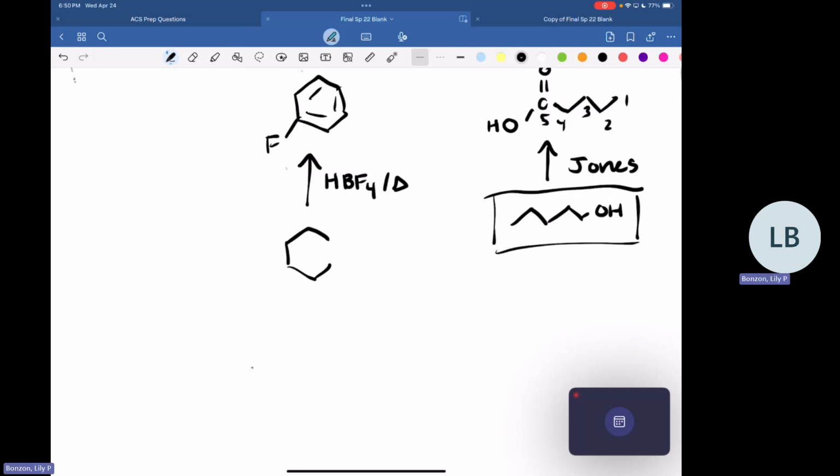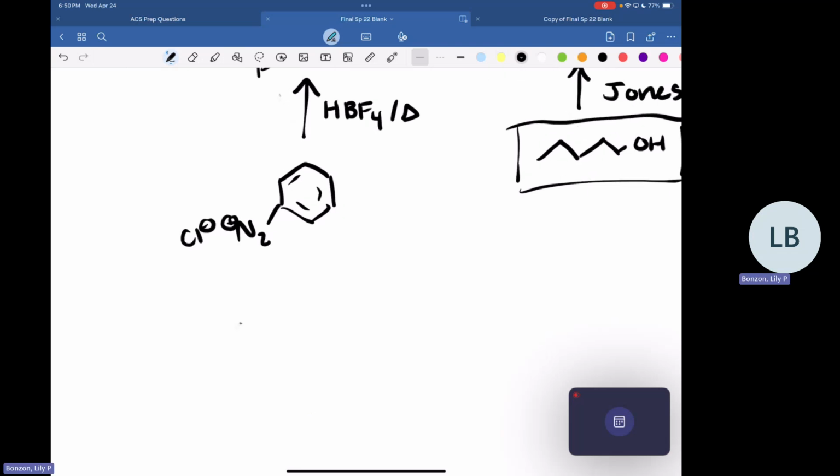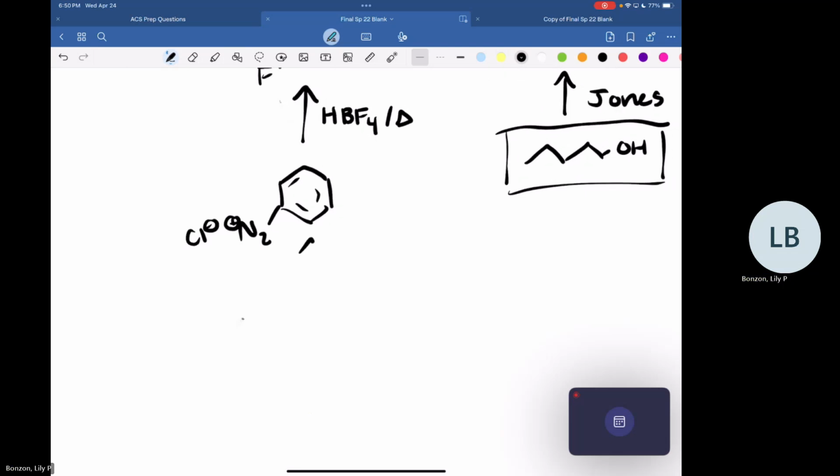And so that replaces the weird little group that we formed. I don't even remember what to call it, but the nitrogen, what is it? Diazonium salt. Cool, great.